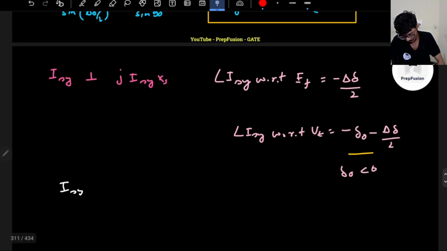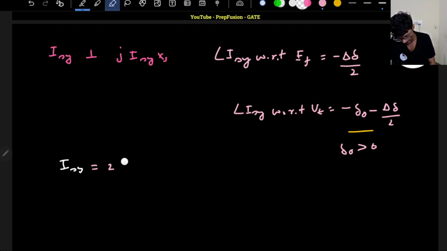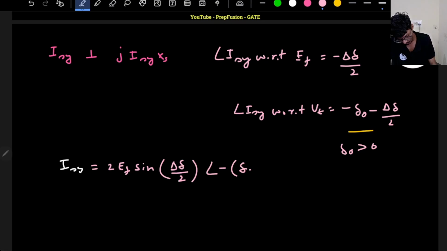So ISY, if your delta naught is greater than 0, that is a positive number, then only I will add a negative sign over here. So the ISY actual value will be 2EF sine delta by 2 into angle minus of delta naught plus delta by 2.